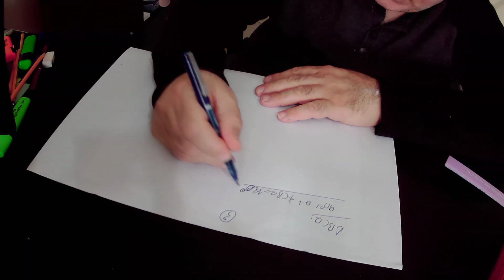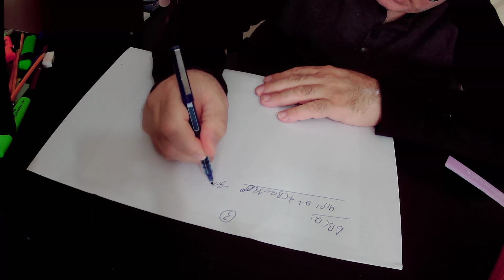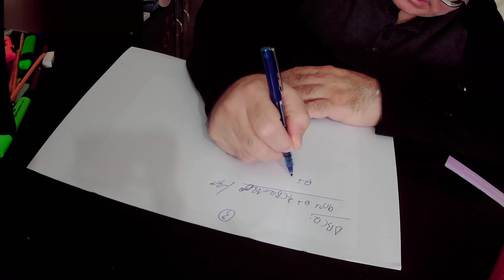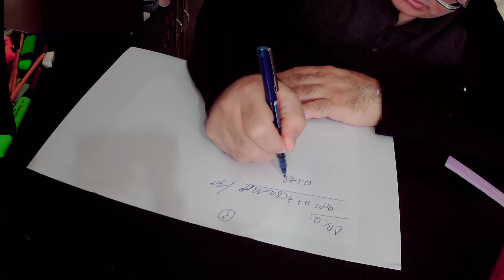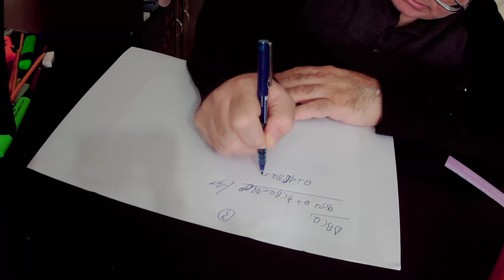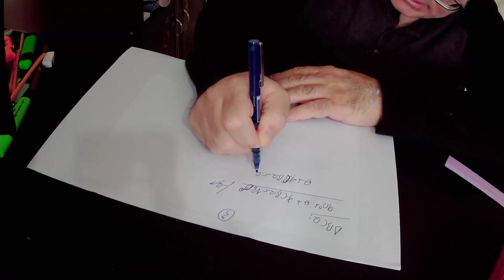And we'll get that theta plus angle CBQ is equal to 180 degrees minus 90 degrees, it is 90 degrees.